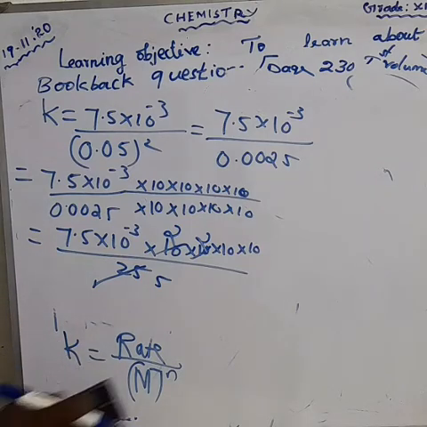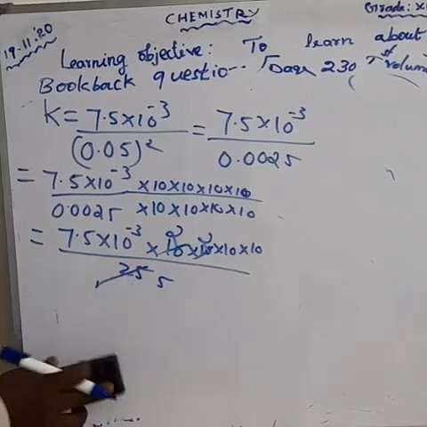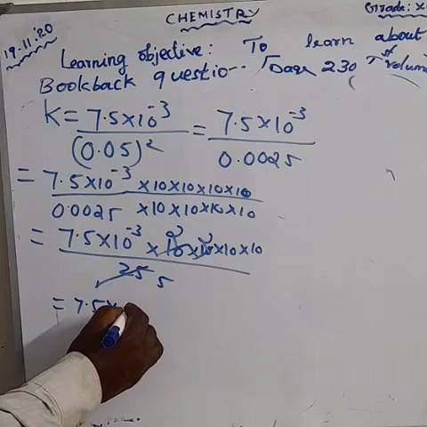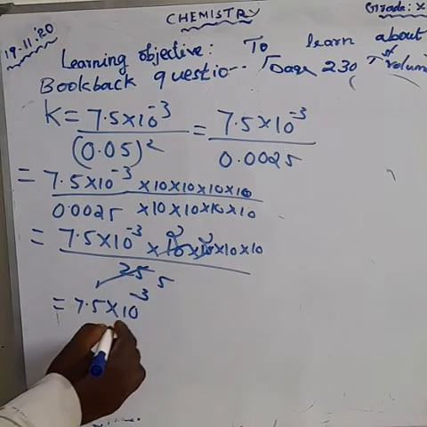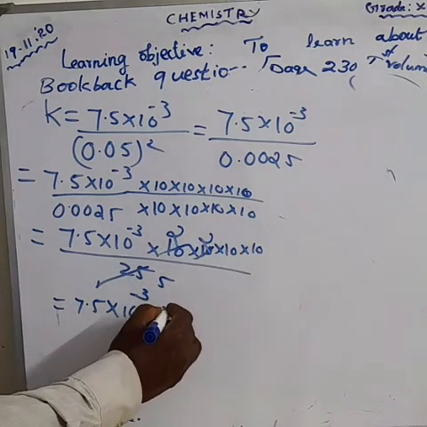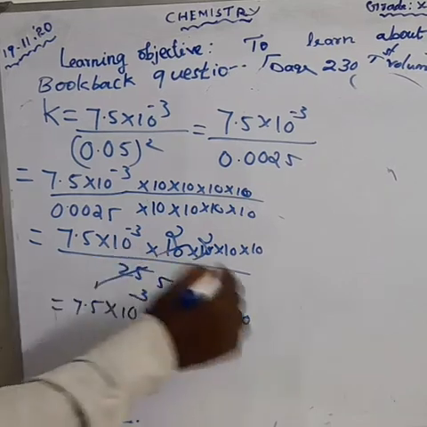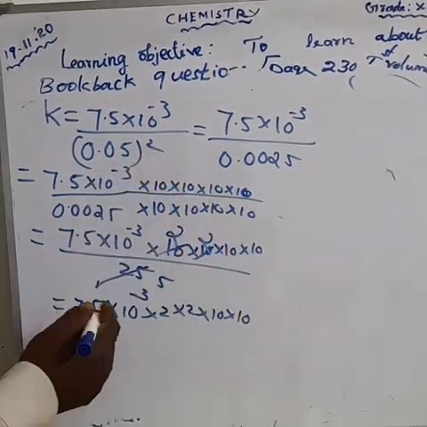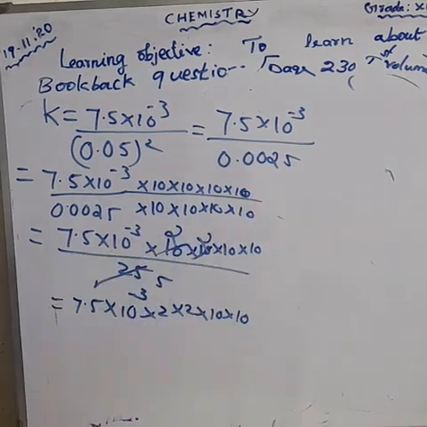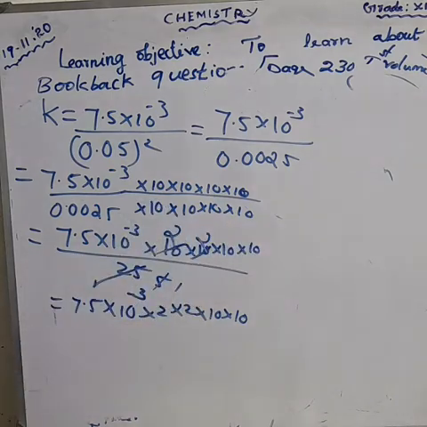Substitute this one. It is equal to 7.5 into 10 raised to minus 3 into 2 into 2 into 10 into 10. Am I right? 2 into 2 into 10 into 10. Here also divided by again having 5, cancel it. 5 cancelling, then only you get by dividing.